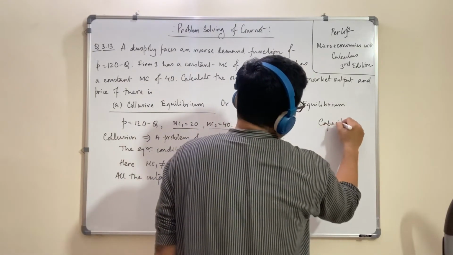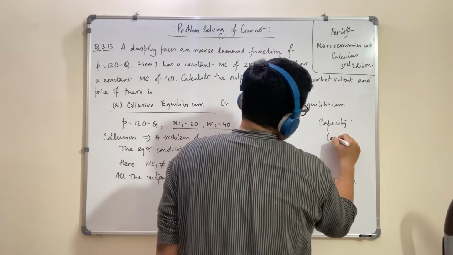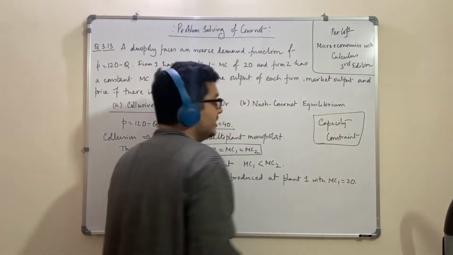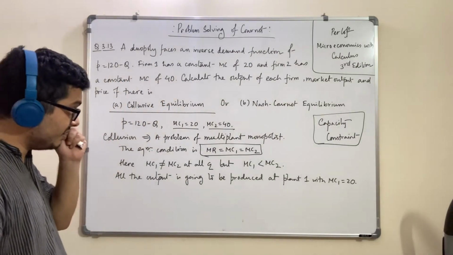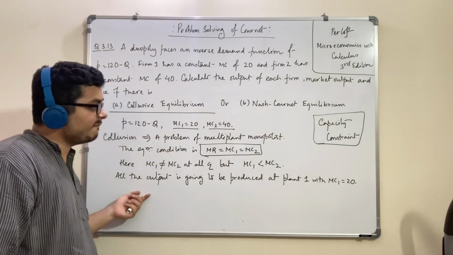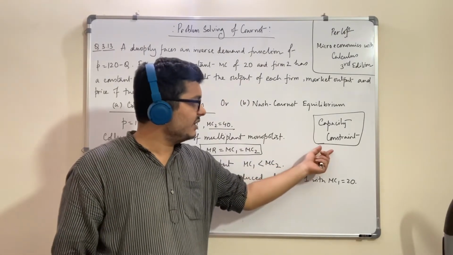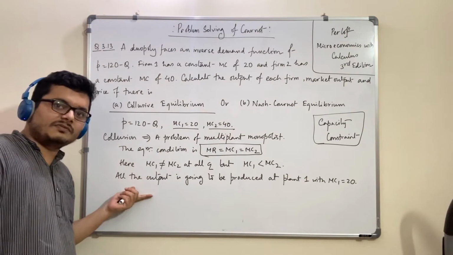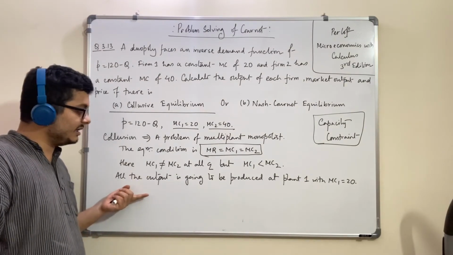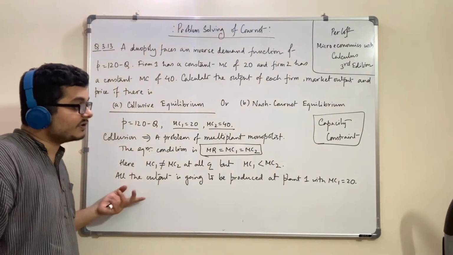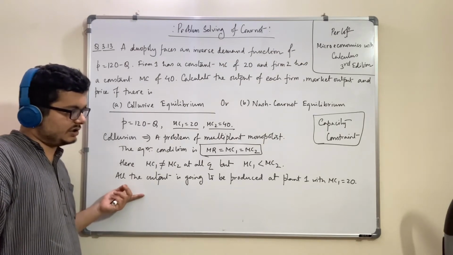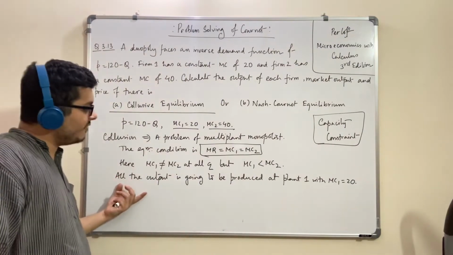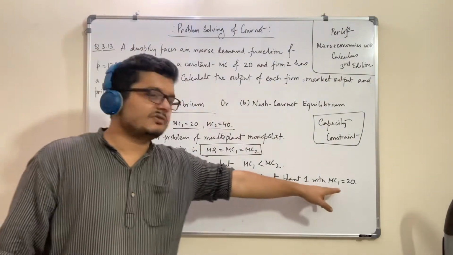Okay, something called capacity constraint. Once in Delhi school, a problem was there which was based on this inequality of MC and also a capacity constraint. If there is a capacity constraint, then this sentence that we have written, we do not know for sure whether we can write this or not. The idea of capacity constraint goes like this. Take this firm which will produce at MC1 equal to 20.